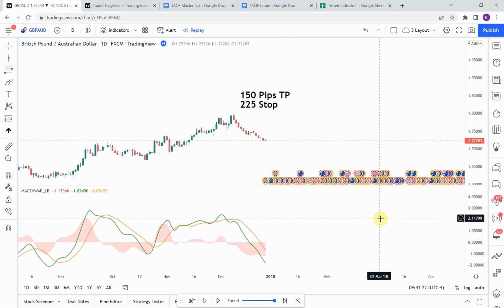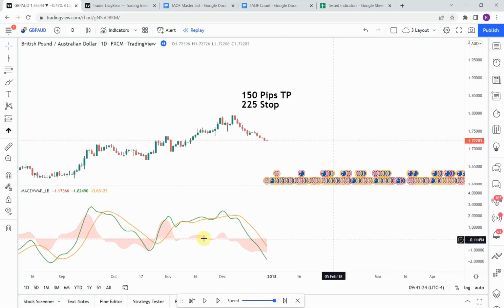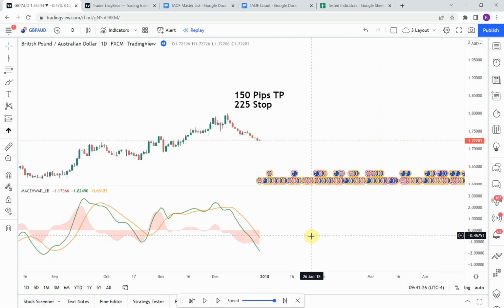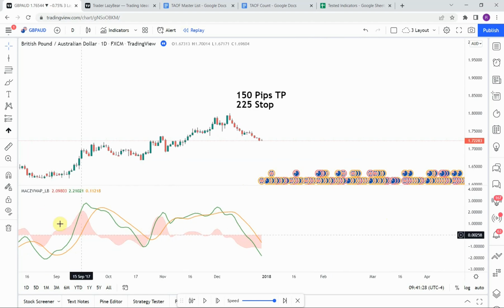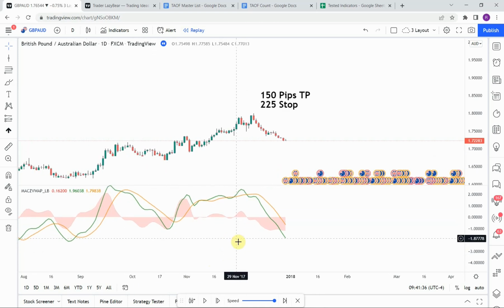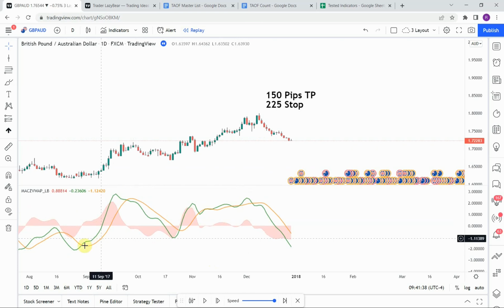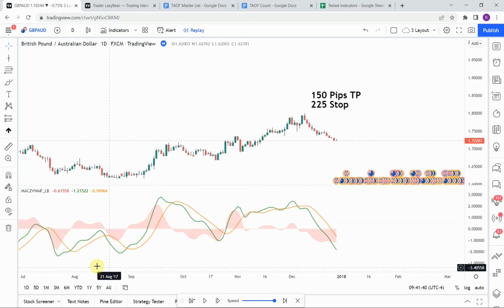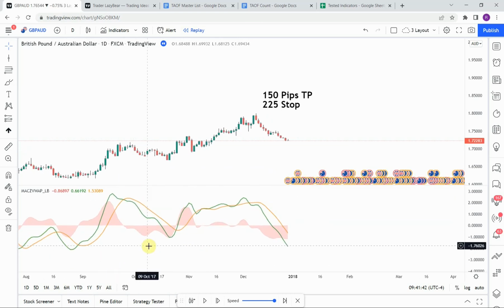And so I've heard some people say that you can use it as a zero line cross. I've heard some people say that when the lines are above the zero line, then you're only looking for crosses to the downside, and those would be shorts. And when it's below, you're only looking for crosses to the upside, and those would be longs.